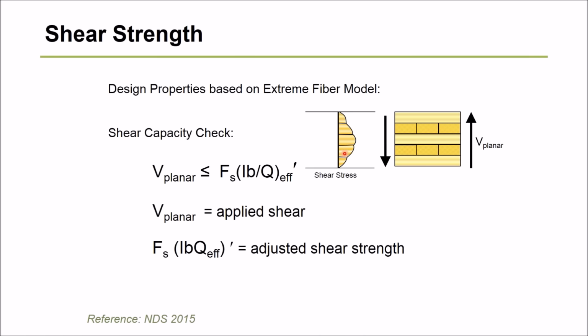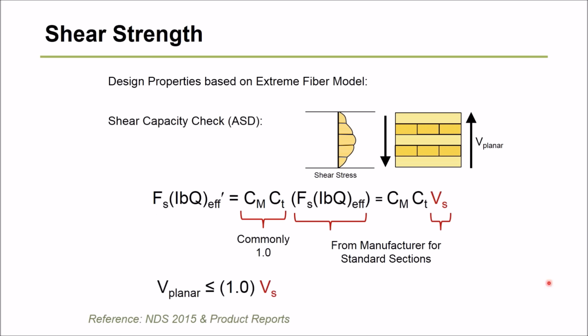And you can get into what the shear stress distribution looks like. But in the end, we really need our applied shear to be less than the shear strength of the section. Now, that shear strength of the section can be written out in that long term, or if you look at the manufacturer's product reports, you'll find that shear strength just reported as V sub S. So instead of carrying around this long term of different letters, a V sub S is our shear strength of the section.